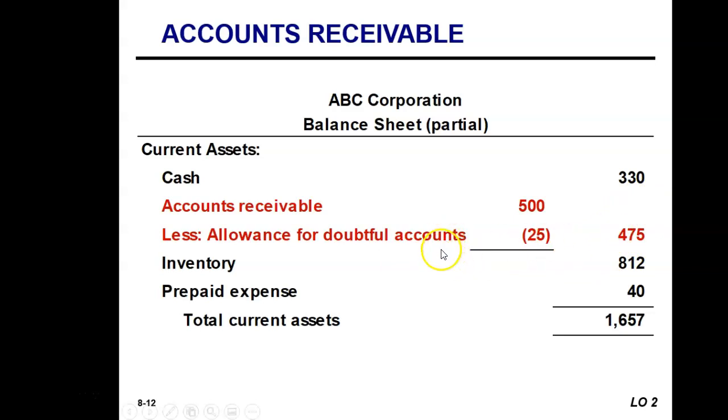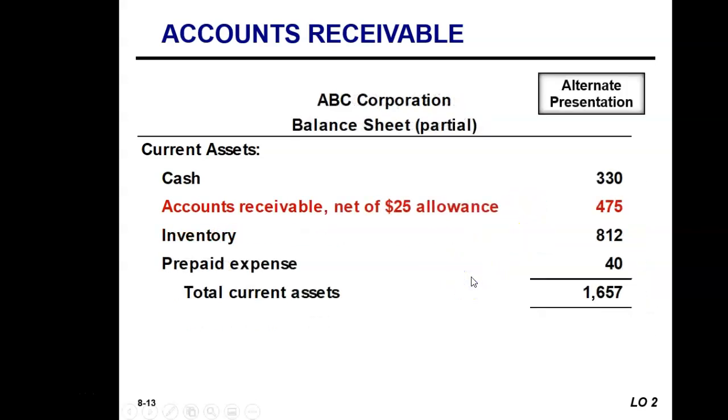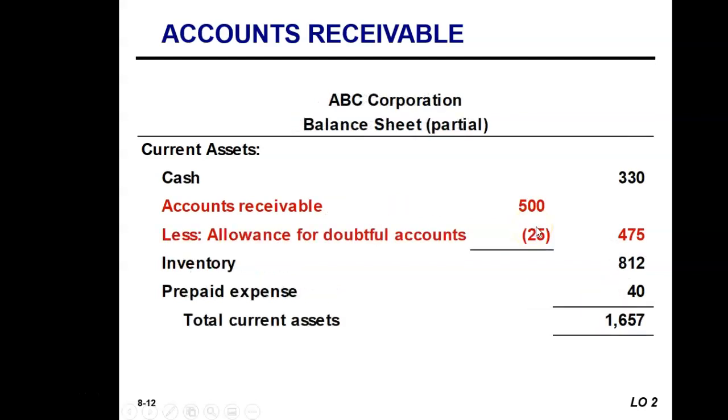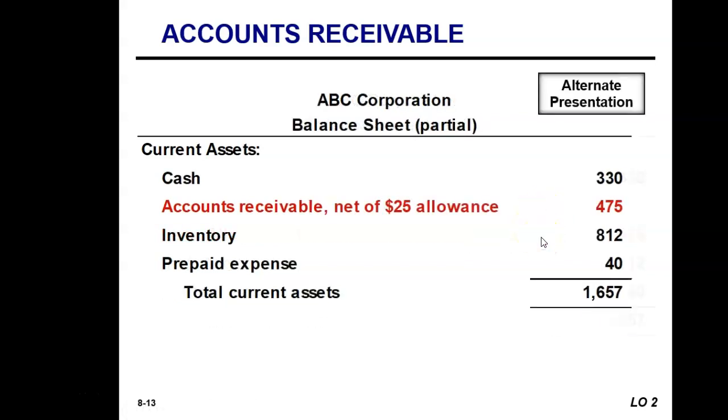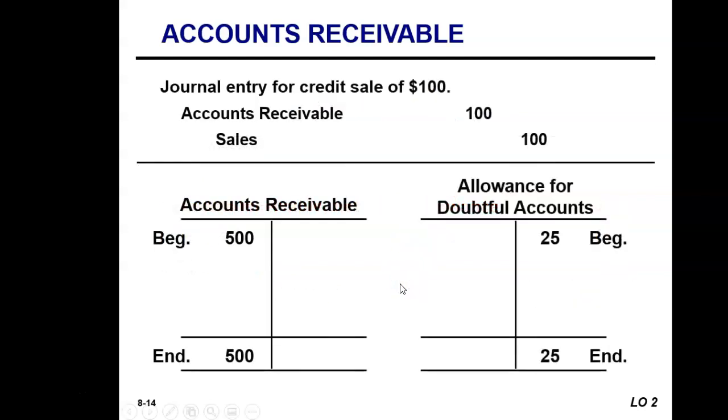So the allowance account is shown deducted from accounts receivable on the actual balance sheet. An alternate way of showing it is just accounts receivable net of the allowance and showing the $475. So you may see it in either format, where it's listed this way, or you may see it listed in this format on the balance sheet of different companies.